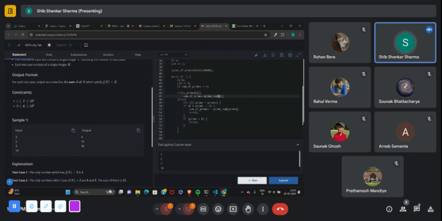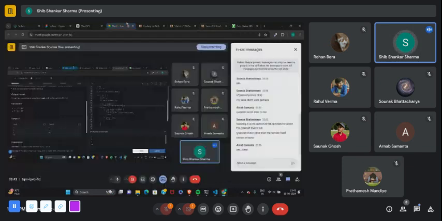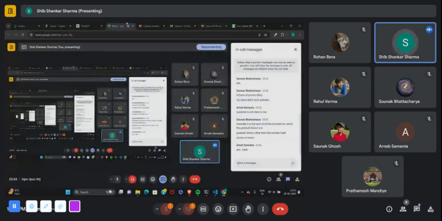You can discuss that in our group, or in your mentorship group, wherever you feel comfortable. We can talk about why you are getting that TLE error, or whatever error you are getting, once you share your code.